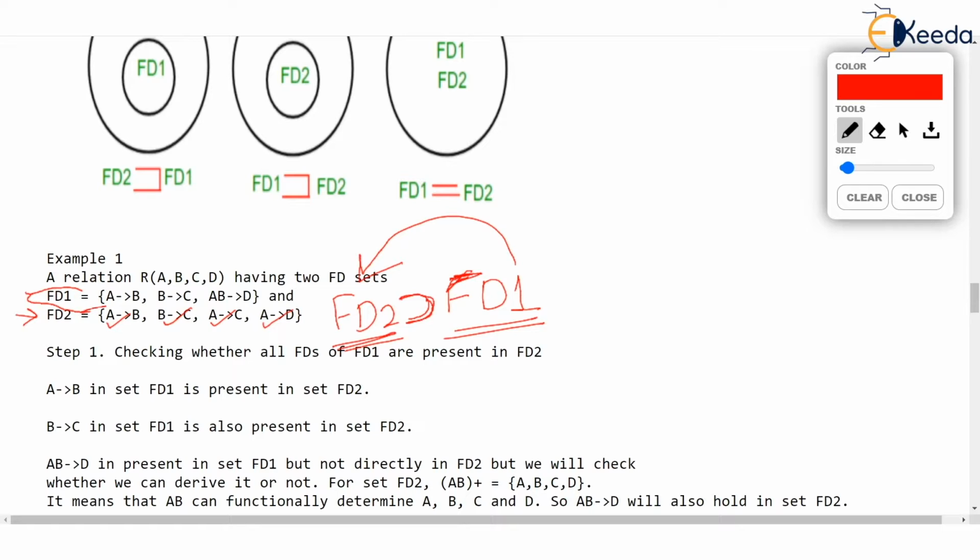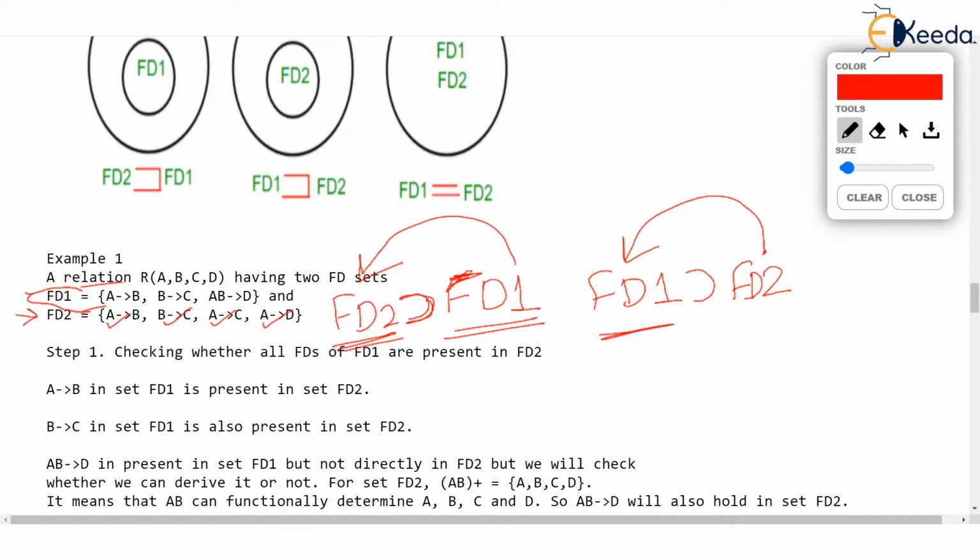We can represent this as FD1 covers FD2. What that means is whatever is there in FD2 is already indirectly there in FD1, because FD1 can represent all the functional dependencies of FD2. So we can say FD1 is a superset of FD2, isn't it? So how do you read this first thing that is written?